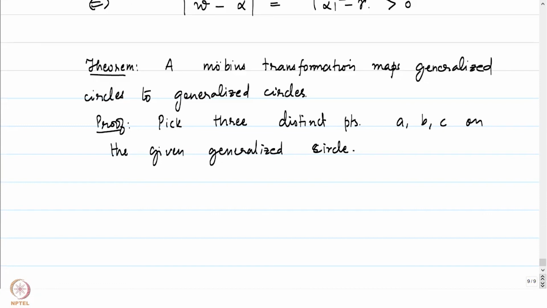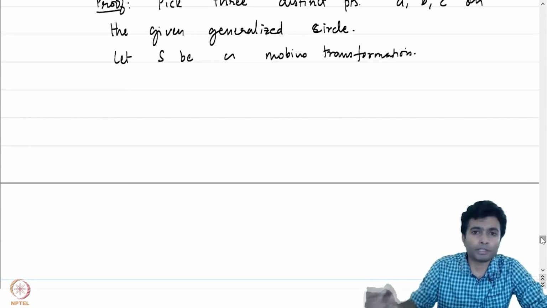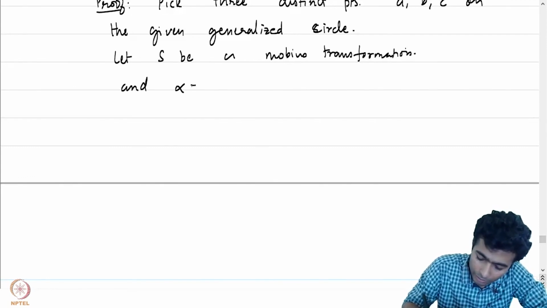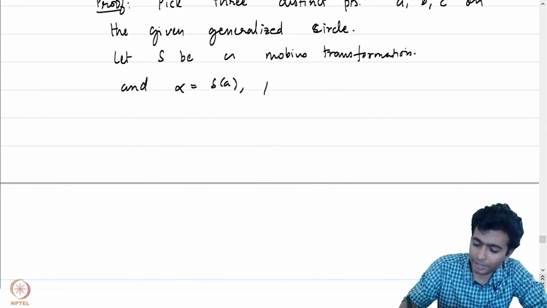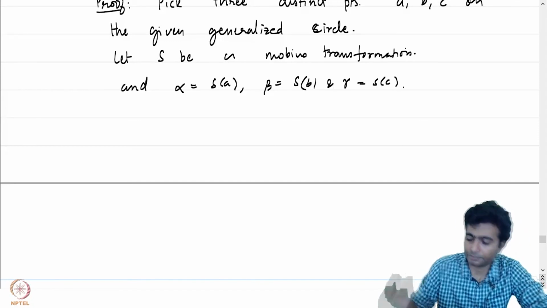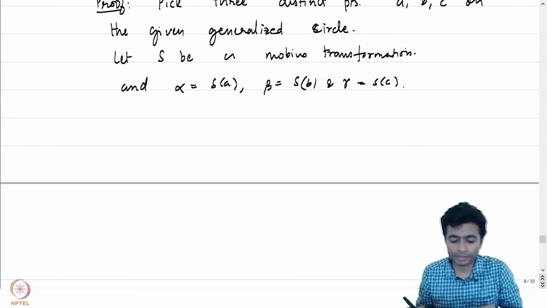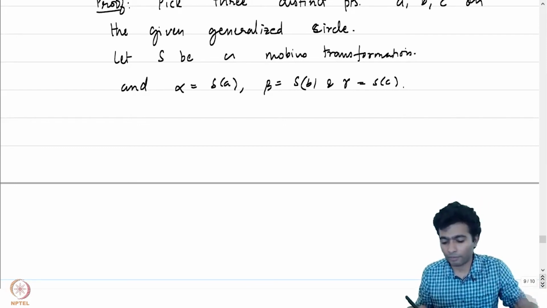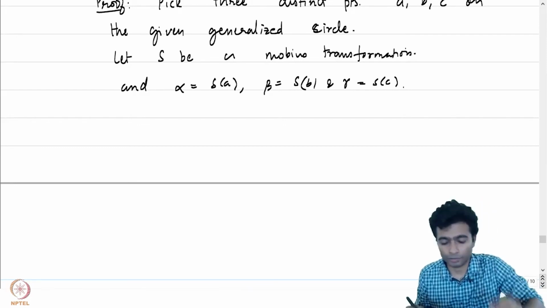And suppose S is a Mobius transformation. Now let's look at the image of A, B, C under S. Let alpha be equal to S of A, beta be equal to S of B, and gamma be equal to S of C. We know that there exist Mobius transformations which send A, B, C to 0, 1, infinity and alpha, beta, gamma also to 0, 1, infinity.